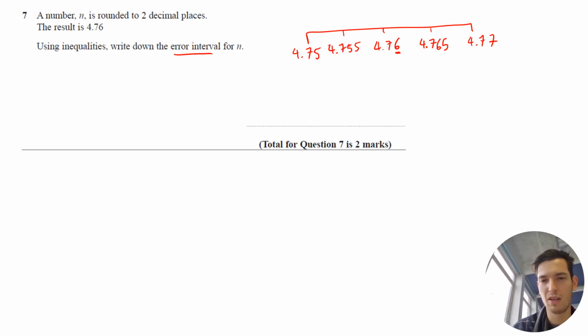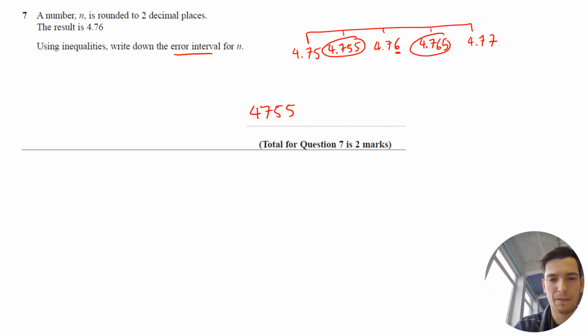4.755. Now I need to write it as an error interval. So I'm going to put those 2 numbers in, but I need to think about my inequality sign. So which one?